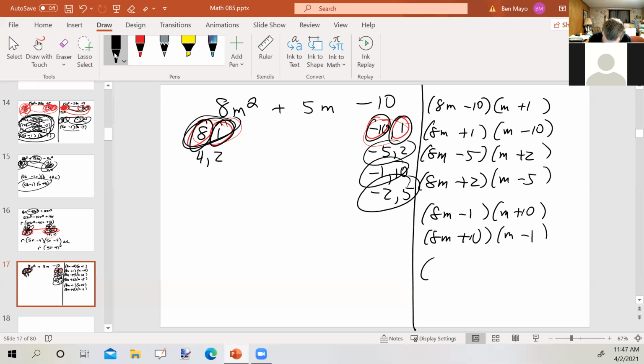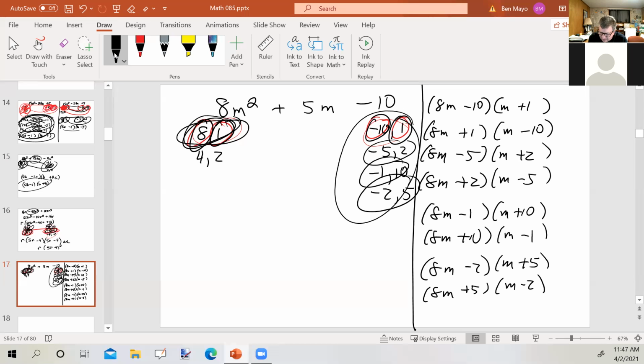Then with this one, 8m minus 2, m plus 5, 8m plus 5, m minus 2. That's just those first two with all of that, and I've got 8 possibilities. But if we look at those, none of them give me 5m in the middle.